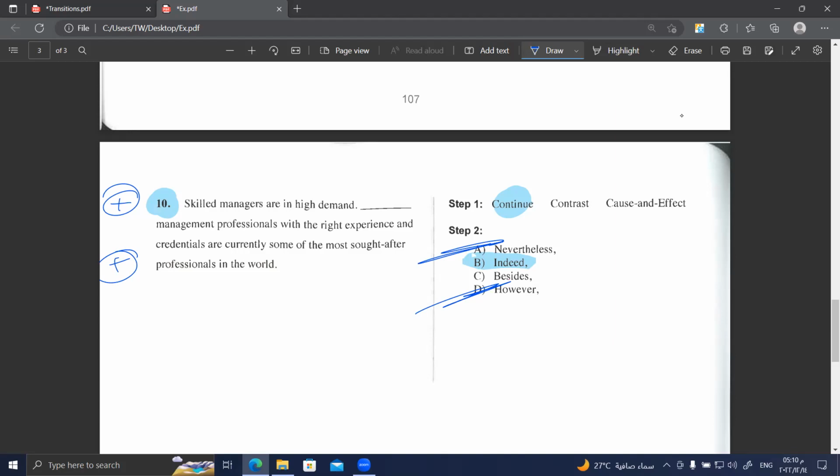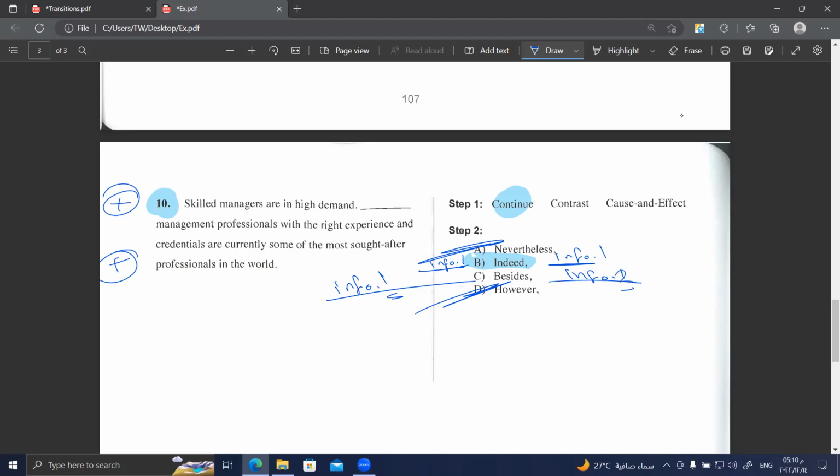What is the difference between B and C? Indeed, guys, what comes before is like what comes after. This is info 1 and this is info 1. So you say the same thing with different words, but besides is different. In what comes before, I find piece of information 1, and in what comes after, I find piece of information 2.